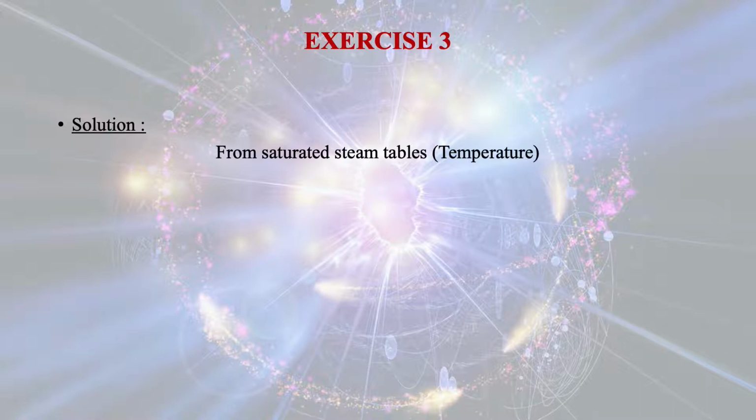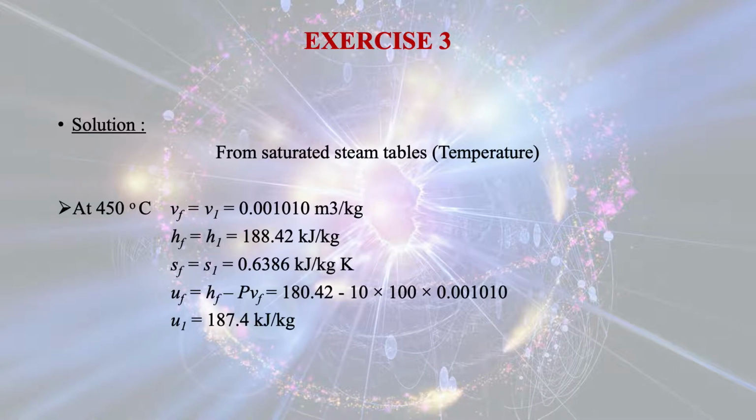So you see that we have got the value of V1, that is the specific volume at the initial stage, that is 0.001010 meter cube per kg, and H1, that is 188.42 kilojoule per kg.